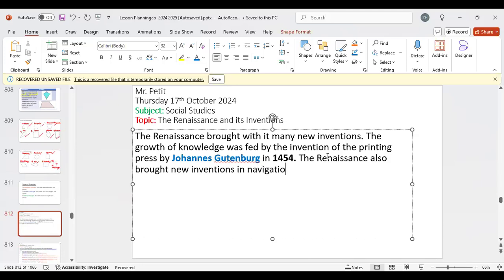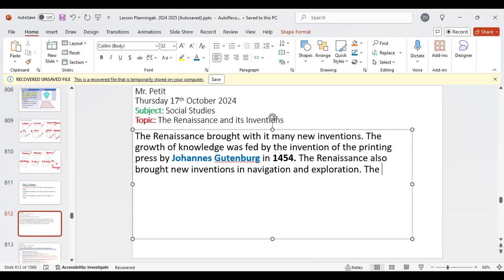And by navigation, we basically mean sailing and exploration. But when you mean sailing, you're talking about like boat races and other stuff? Not boat races necessarily, but just navigating the seas and sailing and trying to find new places.